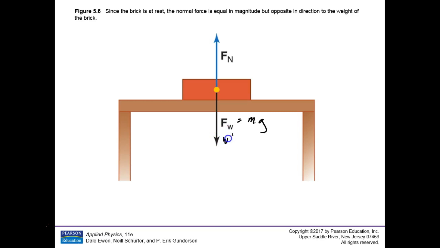Okay? So, again, F sub W is weight. M is mass, just like it was before. And g is acceleration due to gravity. And actually, let me correct, because this book uses 9.80 meters per second squared, to three significant digits, and they use 32.2 feet per second squared.